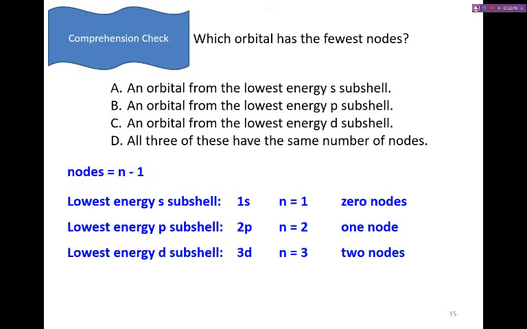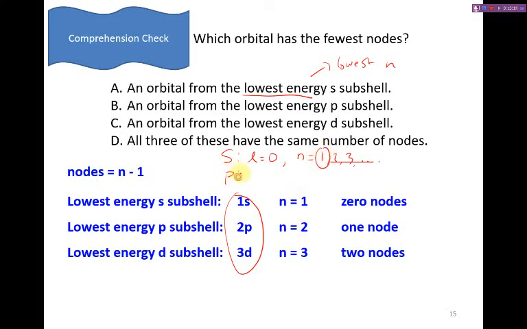Now, in case it wasn't intuitive why these are the lowest, remember our rules. If we want an s-type subshell, that means L is equal to 0. n can therefore be 1, 2, 3, etc. And if we want the lowest energy, that means the lowest n value, n equals 1.